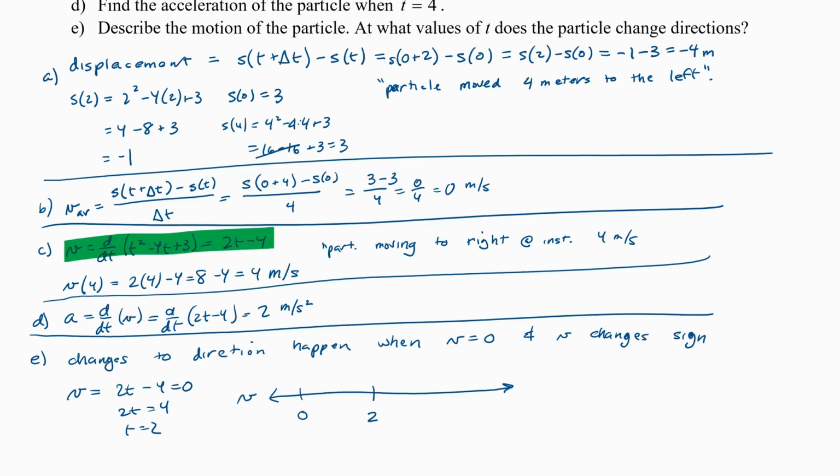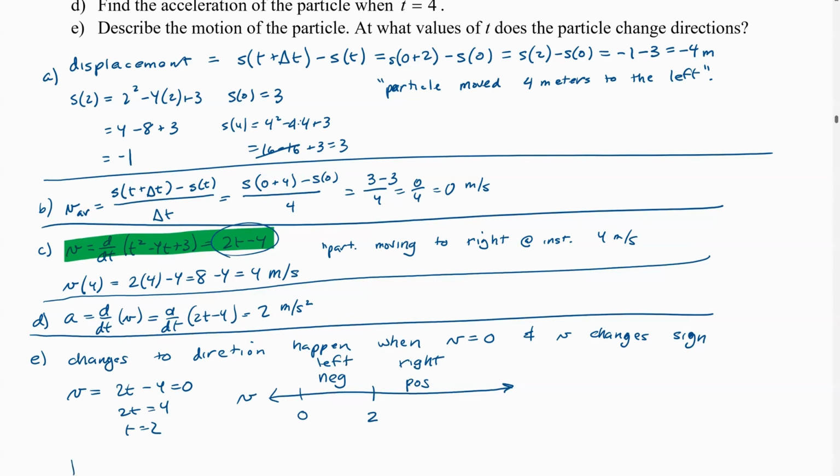All of those values, when I plug them into 2t minus 4, give me negative values, meaning moving to the left. And then what happens when I take numbers in this region and plug them into my velocity equation? Numbers like 3 or 4 or 5. I get positive numbers, which means I was moving to the right.